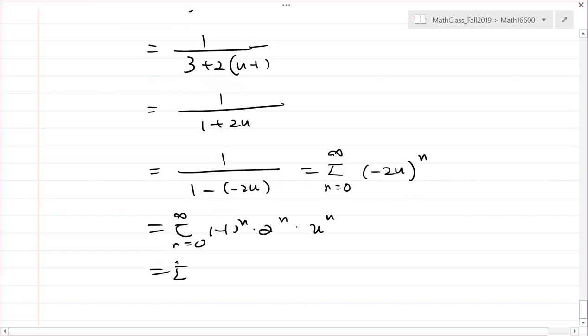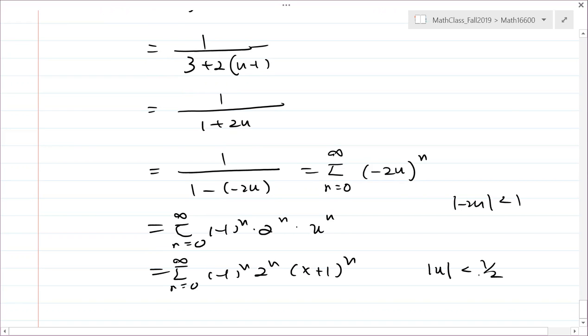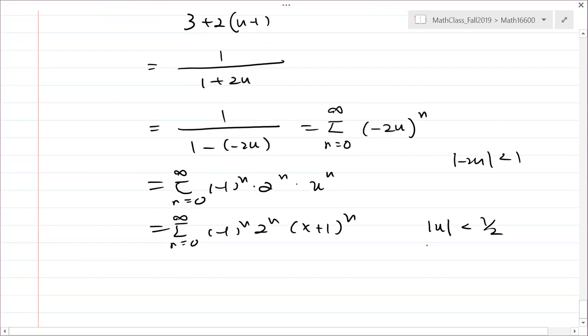And this holds when negative 2u is less than 1 in absolute value, right? So that u is less than 1/2. So in other words, the absolute value of x plus 1 is less than 1/2.